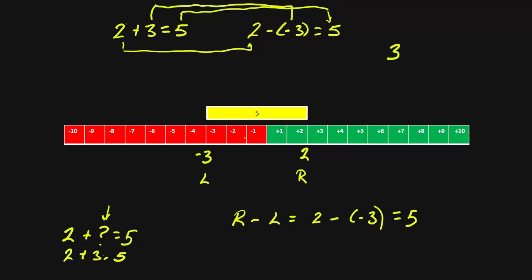So we have 3 equals a negative, or subtract a -3. So we see that subtracting means add the opposite. Here's my subtraction. Here's -3. That converts into add the opposite, and the opposite of -3 is just 3.